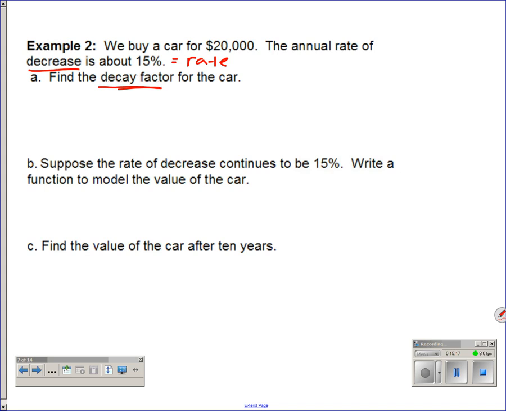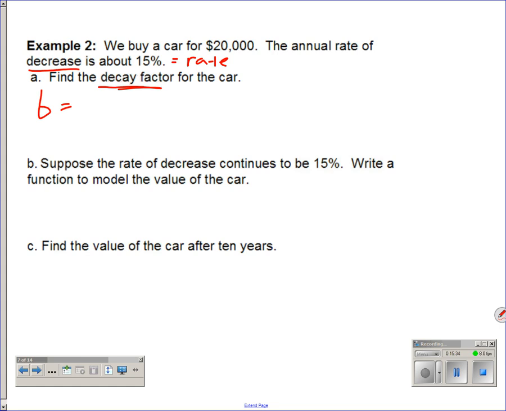It's asking for the factor. It's asking for your B value, which is not your rate. Your rate tells you how much you're decreasing by. Your decay factor tells you what percentage of the value of the car you have after a certain amount of time.